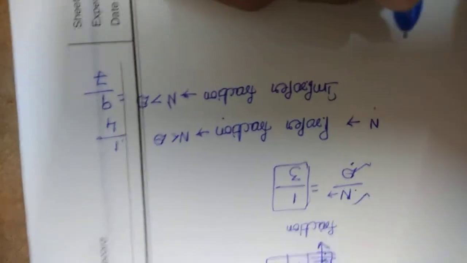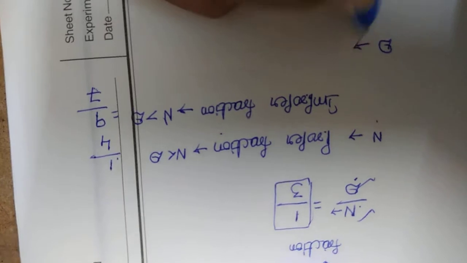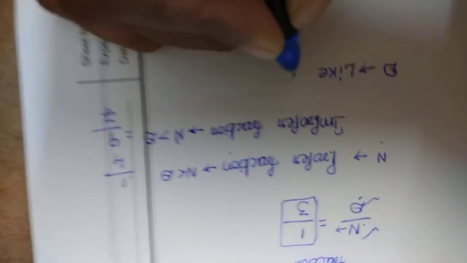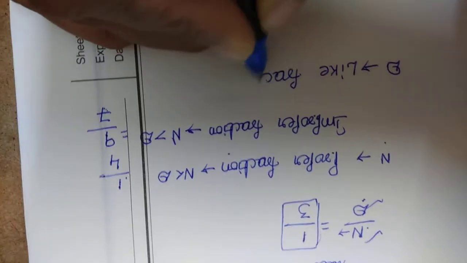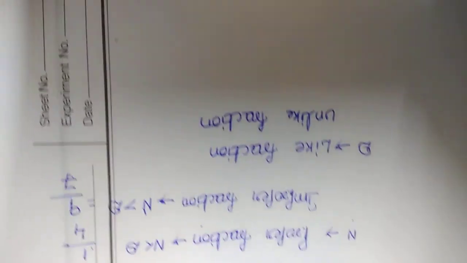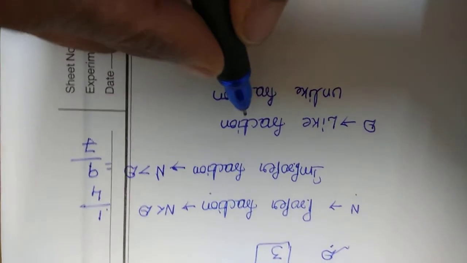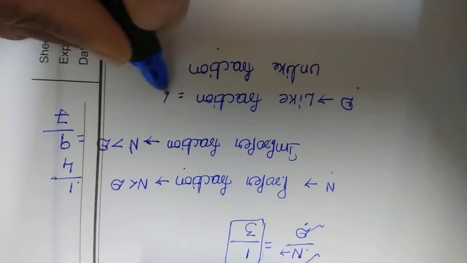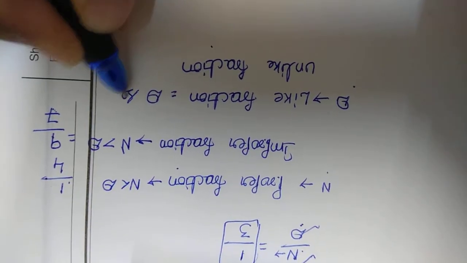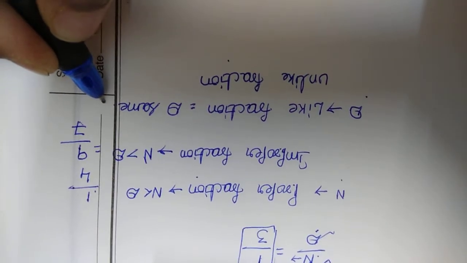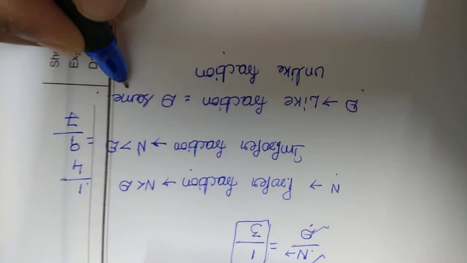Now coming to the types of fractions based on denominator. We have 2 different types of fractions based on denominator, like fraction and unlike fraction. In like fractions, all my denominators should be the same.